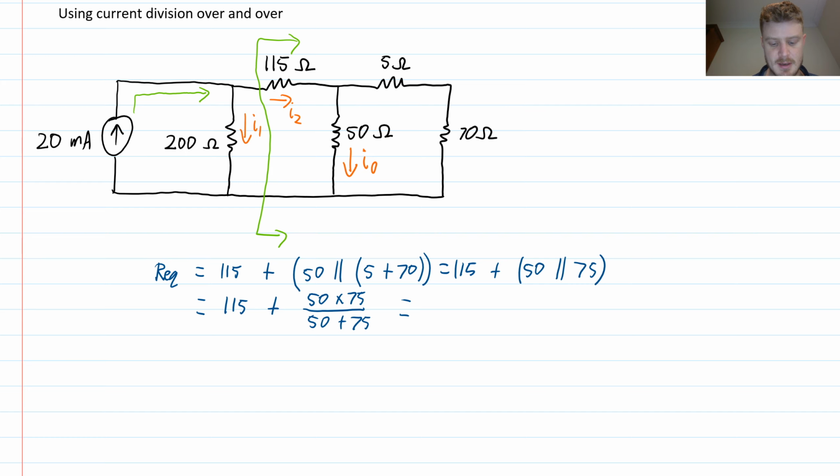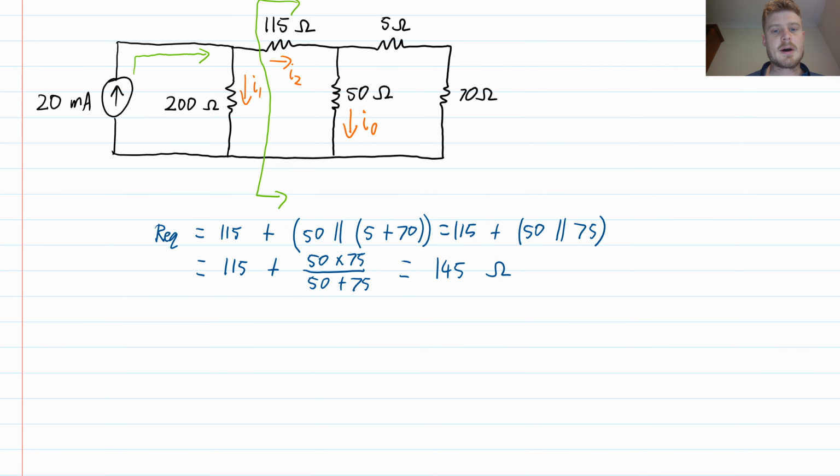So just bear with me, I will type them in and calculate. So it's 115 plus 50 times 75 divided by 50 plus 75 is 145 ohms.